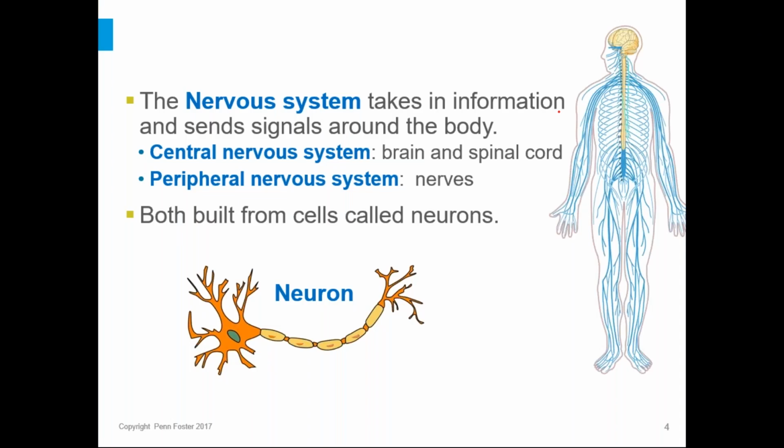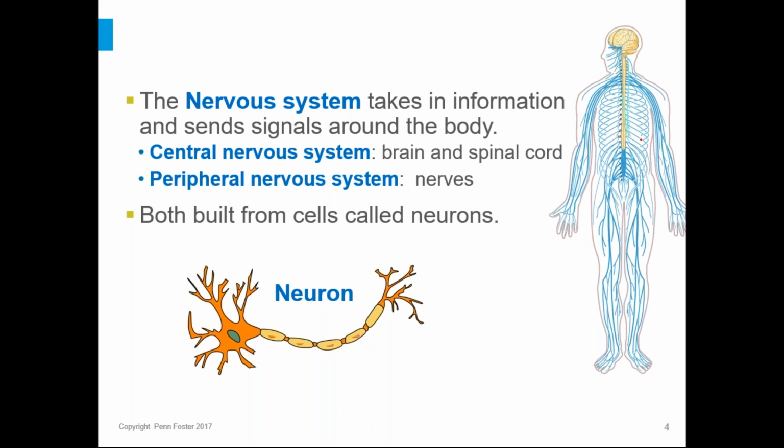So the nervous system takes in information and sends signals around the body. So we have the central nervous system, which is the brain and spinal cord, and the peripheral nervous system, which are your nerves. The brain and spinal cord are shown in yellow on this diagram on the right.